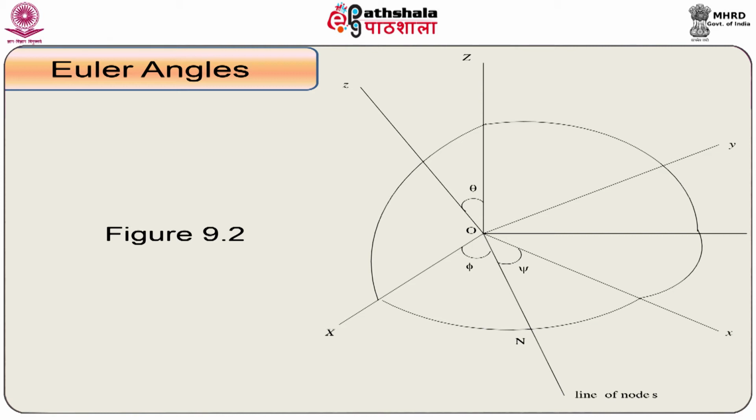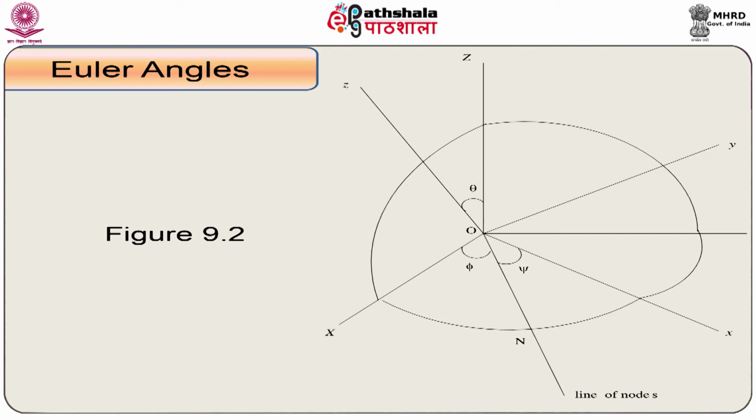Please go through figure 9.2. This is the line of nodes. Small ox, small oy and small oz are the body set of axes, whereas capital OX, capital OY, capital OZ are the fixed set of axes.